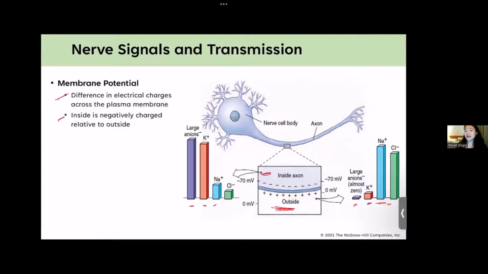So essentially, the inside of the neuron is more negatively charged compared to the outside, due to this unequal distribution of ions. And it is important to note that the resting membrane potential is about -70 millivolts.